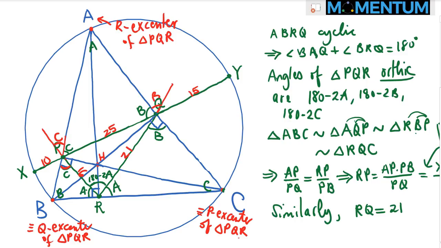So now the problem reduces to this. So you have a triangle with side lengths 16, 21, and 25, and we want to find the distance between the excenters basically. So for that, let's go ahead and draw a new picture.